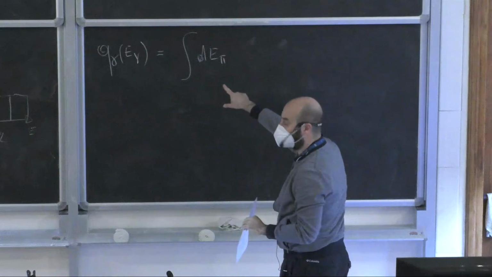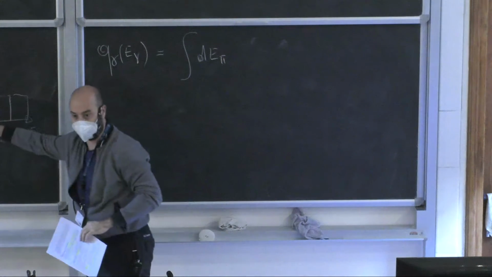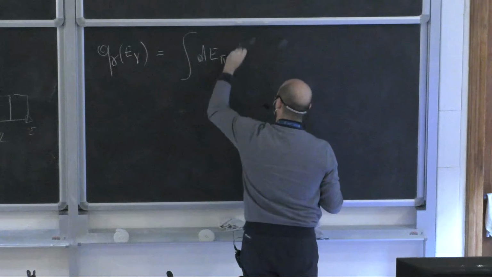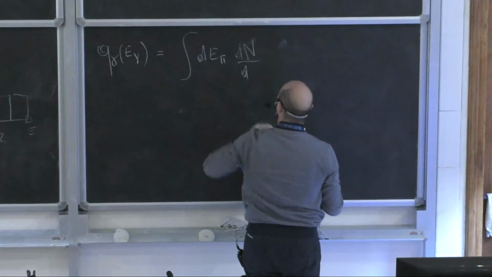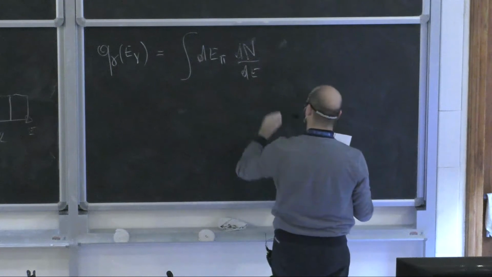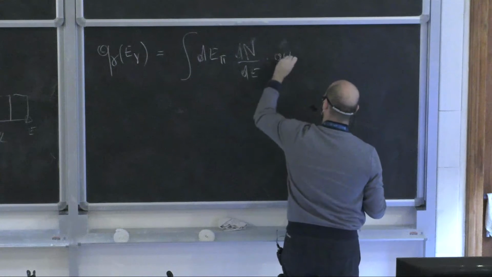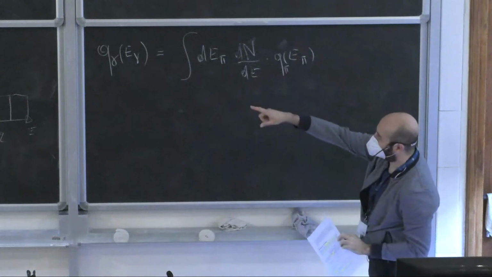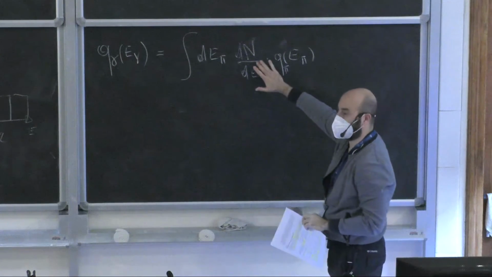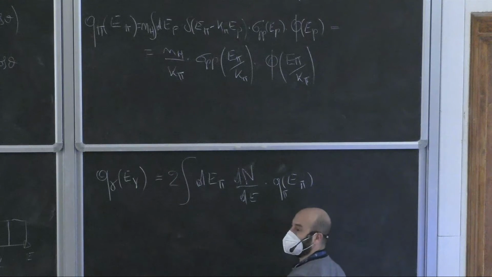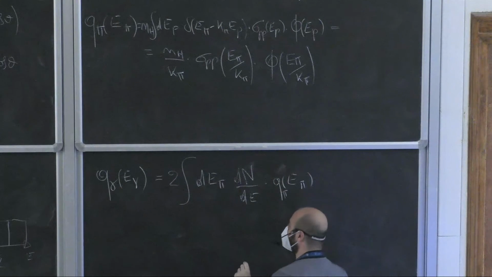I'm basically doing analytically what I was describing here in a little cartoon, times the differential number of photons produced with respect to the energy times the spectrum of the pions. And since I chose to normalize my number of photons to 1, I have to multiply by 2, because there are 2 photons emitted in the decay.